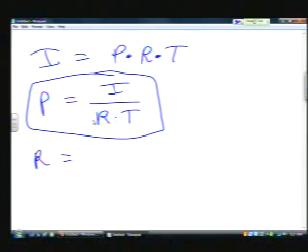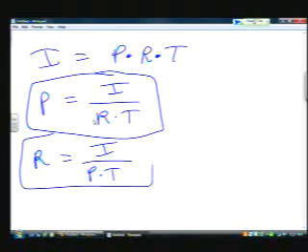PT stands for physical training in basic training. So here you end up with the formula, which you don't have to memorize, that rate is equal to the interest divided by principal times time. That's what the rate is.